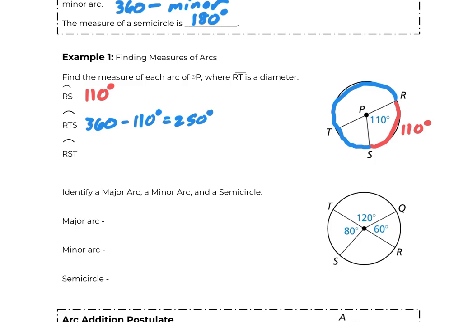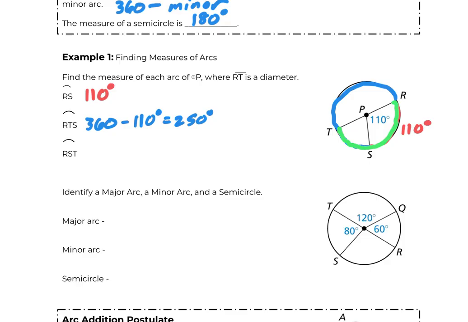Okay, and then you have to pay attention to the order of the letters. Okay, here S is in the middle. So I'm going to go R through S and finish at T. So I'm doing these in different colors so you can kind of see the path that we're taking. If I start at R, go through S and end at T, okay? Now here's the important piece.